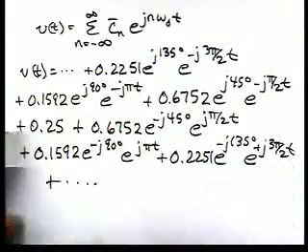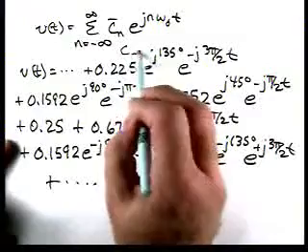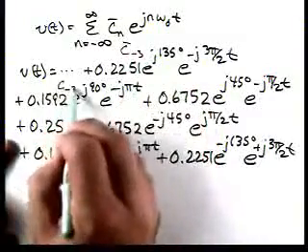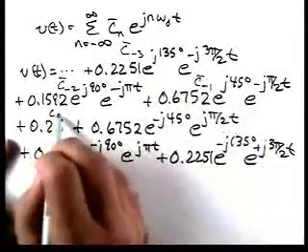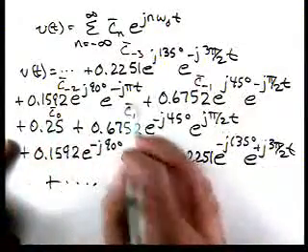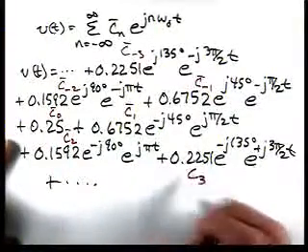But here we have c of minus 3, c of minus 2, c of minus 1, c0, c of 1, c of 2, and c of 3.